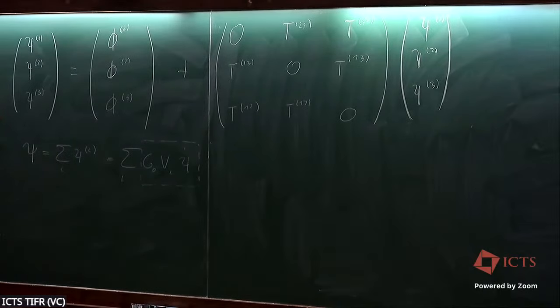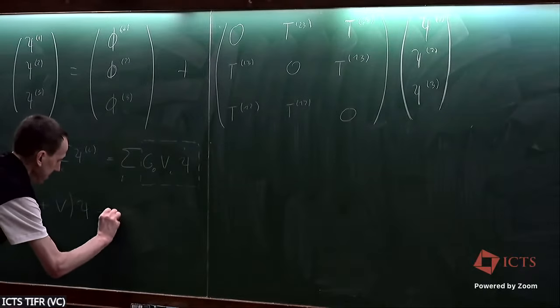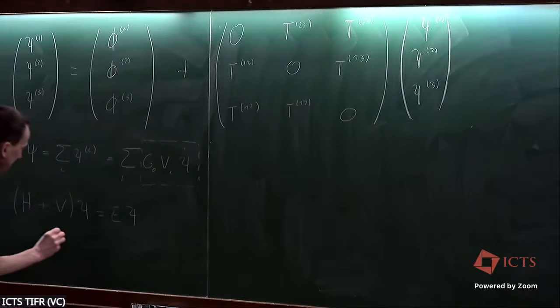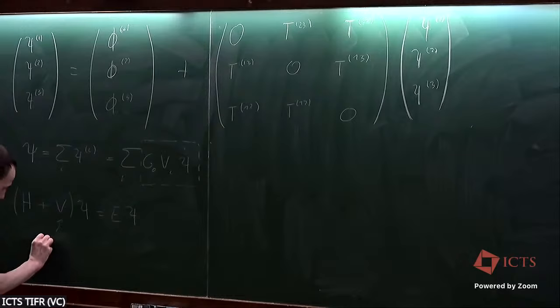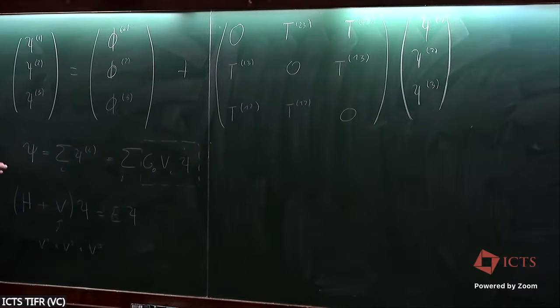Where it comes from is just the ordinary Schrödinger equation, plus V acting on the entire wave function equals E psi, where this V is given as a sum of, in this case, two-body potentials. I don't want to introduce three-body forces or anything more complicated.